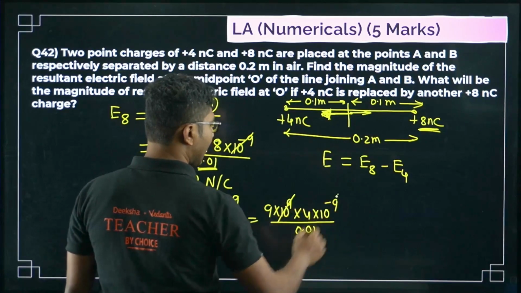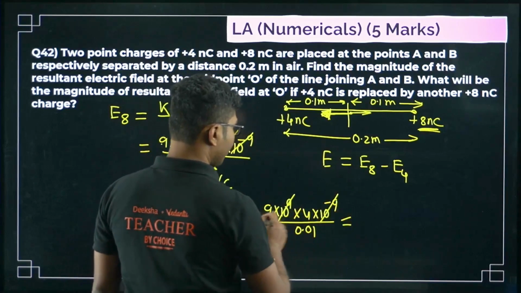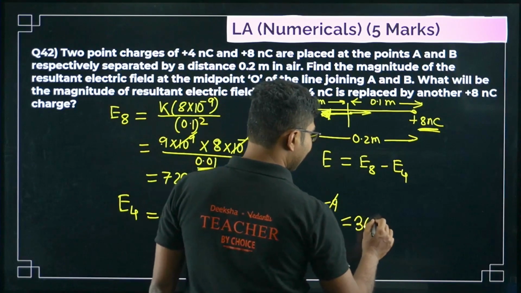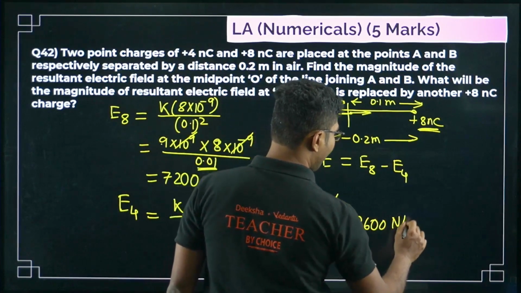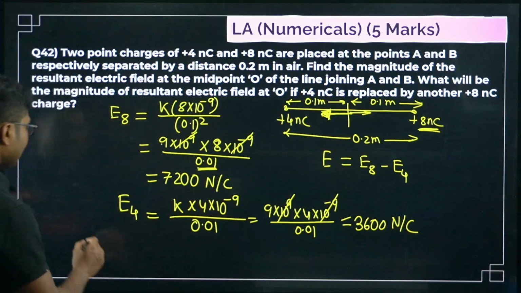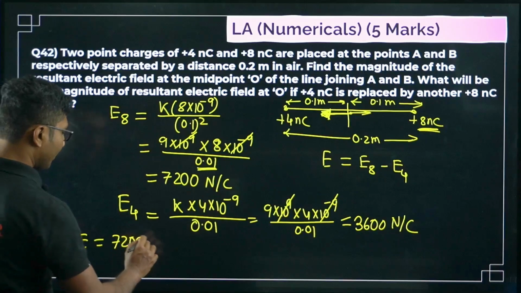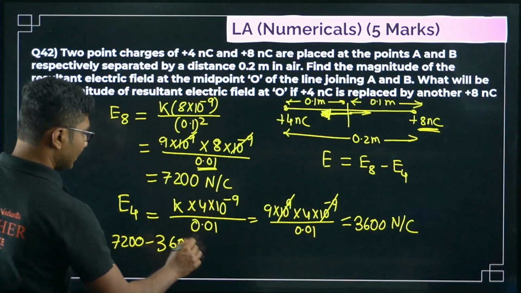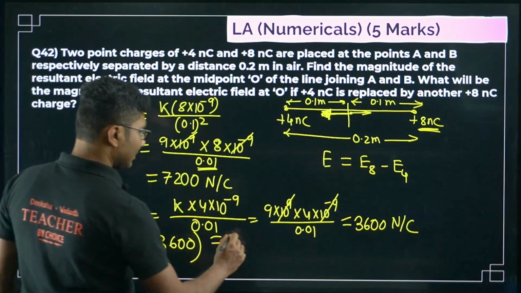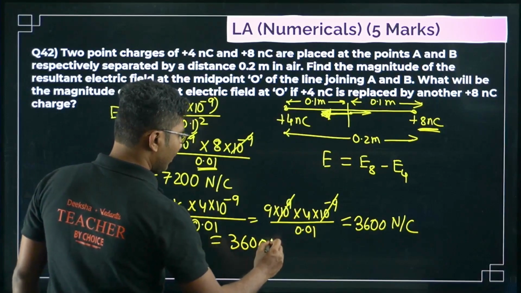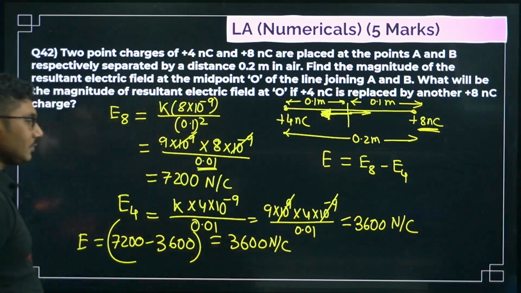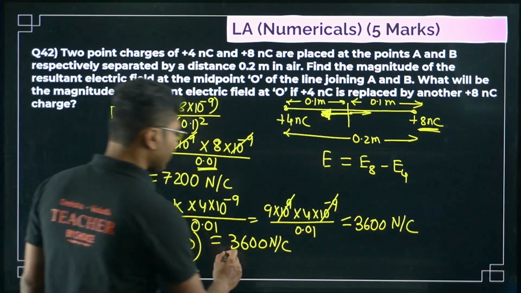Again it will cancel, and you will get 4 nines are 36, times 100, so 3600 newton per coulomb. So what is the resultant electric field? It is 7200 minus 3600, that is 3600 newton per coulomb. This is the resultant electric field for the first case.